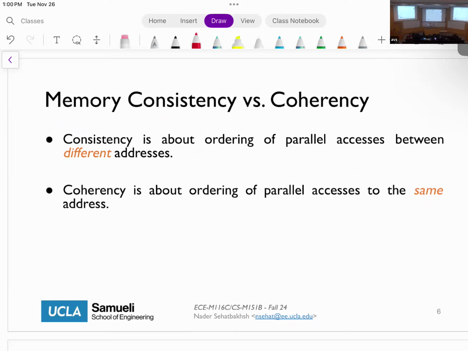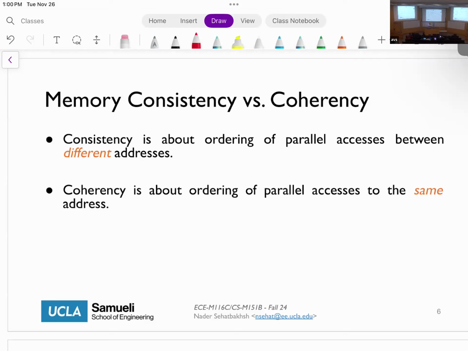Another thing to keep in mind is that you might ask, wouldn't this be the same coherency problem, or why can't coherency states and all fix this issue? The answer is that coherency was for the same addresses, okay? We maintain coherency of multiple different copies of the same address. So the S and I and M and O and all those states were all for the same address, okay? Consistency is for different addresses, okay?